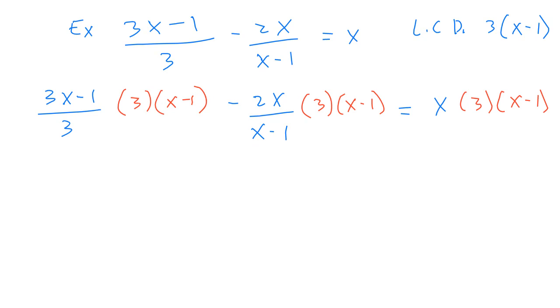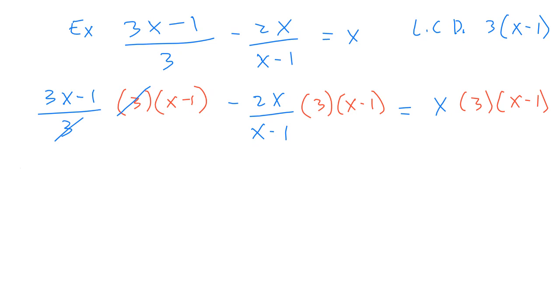Okay, and then you can cancel something. I'll cancel the 3 here, and I'll just erase the equal sign here because we have one equal sign only. That's an equation.